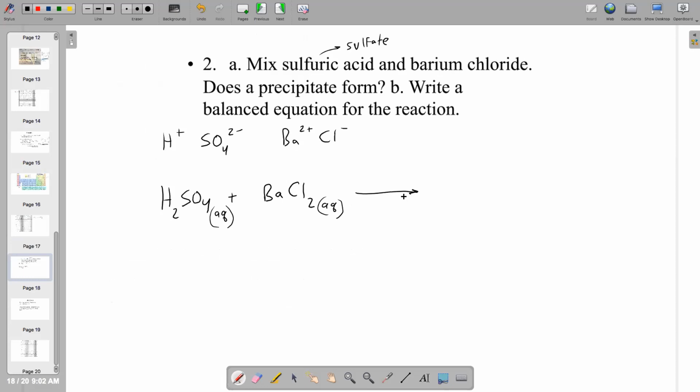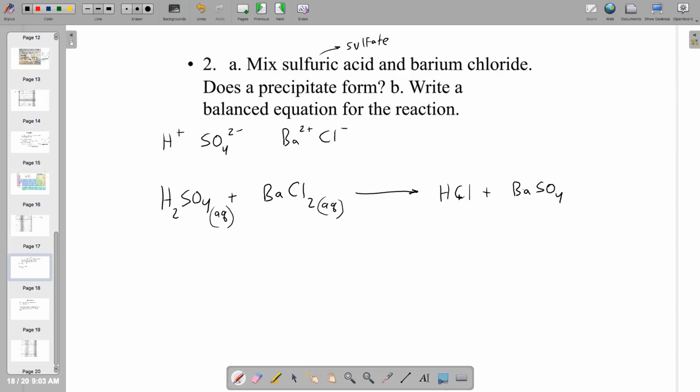And what you predict is that the hydrogen goes with the chlorine and the barium would go with the sulfate. So the reaction would be that you get HCl plus BaSO4. Because hydrogen has a charge of 1 and chlorine has a charge of 1, it's just HCl, and barium has a charge of 2 and sulfate has a charge of 2, BaSO4.